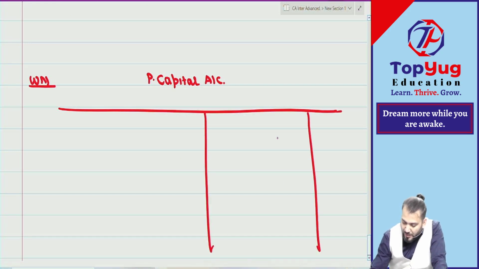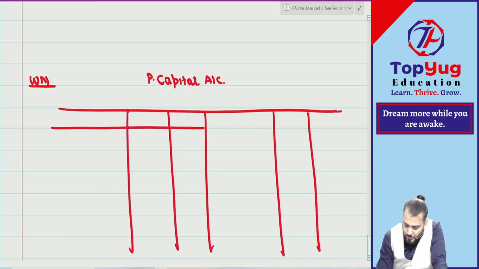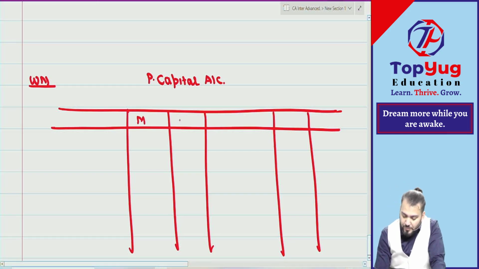So how many partners? M and R. What is the opening balance? 70,000 and 50,000.